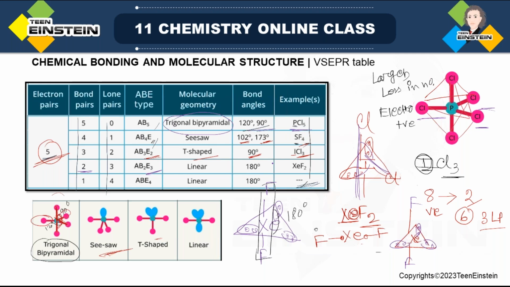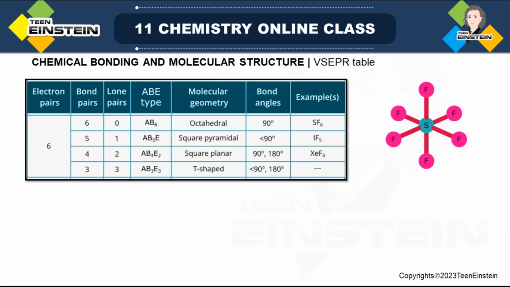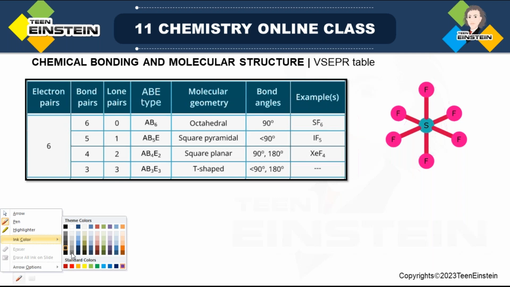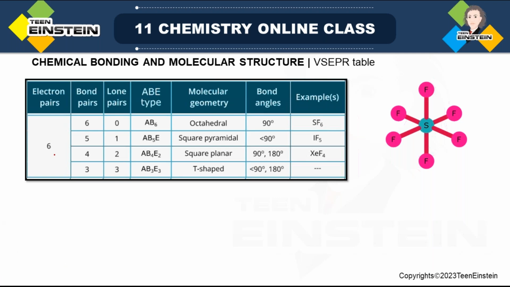After electron pair 5, next we will see what will happen if the electron pair total is 6. So when it is 6, maybe all these 6 electron pairs are treated as bond pairs. The general formula is AB6 and here it is octahedral. You can also draw it like this. Suppose this is a square plane and these 2 are the axial.